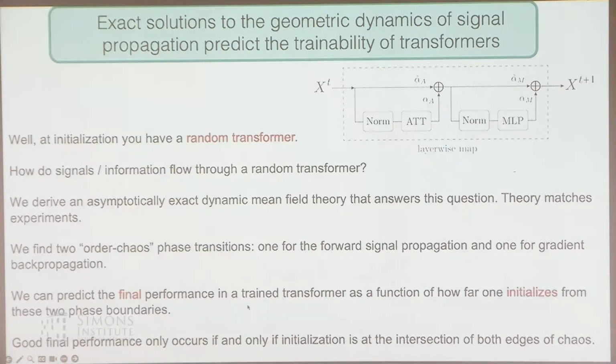We show that we can predict the final performance of a trained transformer as a function of how far one initializes from these two phase boundaries. And we find that good performance occurs if and only if initialization is at the intersection of both edges of chaos, the edge between order and chaos. Okay, so that's a super high level description of what I'm going to talk about.